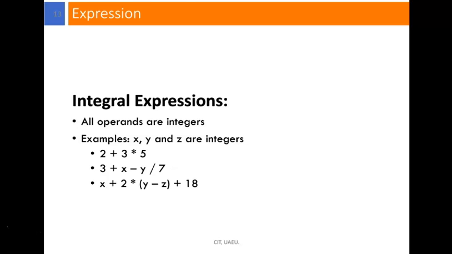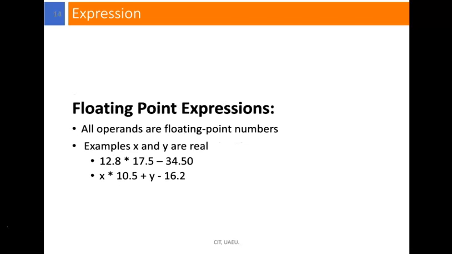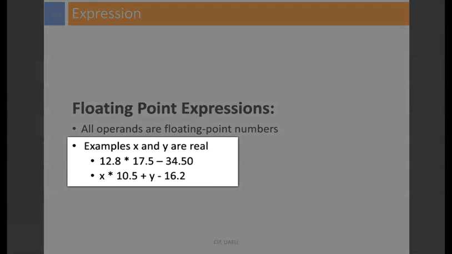The result of this integral expression will also be an integer. On the other hand, if we have an expression where all operands are floating point variables or data types, then that is called a floating point expression, and the result will also be a floating point number. And here are some examples.